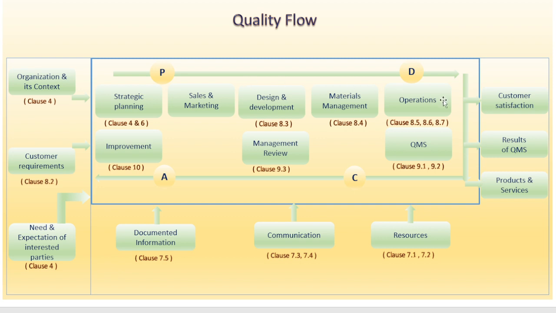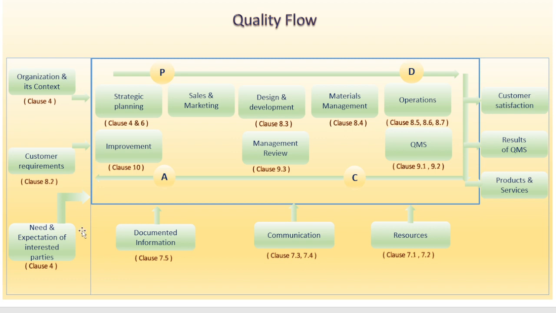Of course operation is do, and then QMS and management review, and any review process is check, and finally act is whenever you observe any variation you will act for correction, that is the improvement phase. And all those processes and functions will get input from the organization context, customer requirements, and needs and expectations of interested parties.